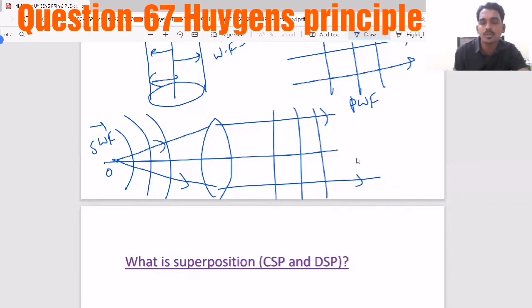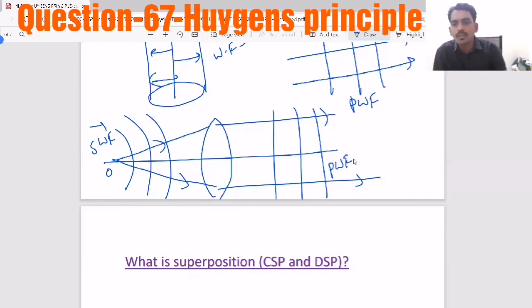That means it will become a plane wavefront. Like that, they can ask what the emergent, refracted or reflected wavefront is when a particular wavefront travels through a lens, mirror, prism or anything. It may be circular, planar, spherical or cylindrical, depending on the question; you have to analyze.